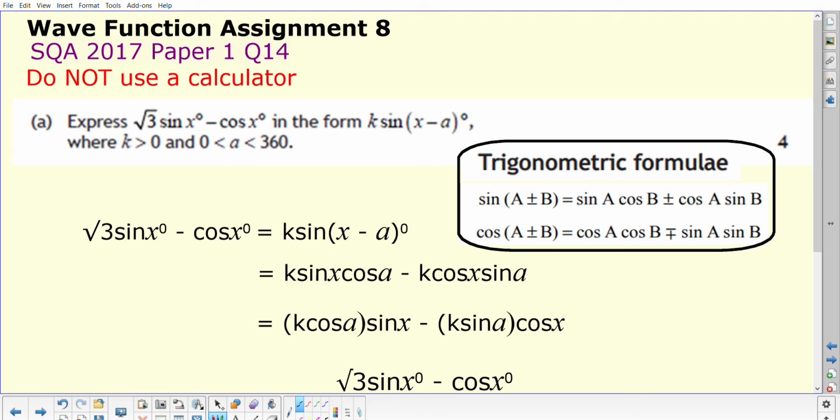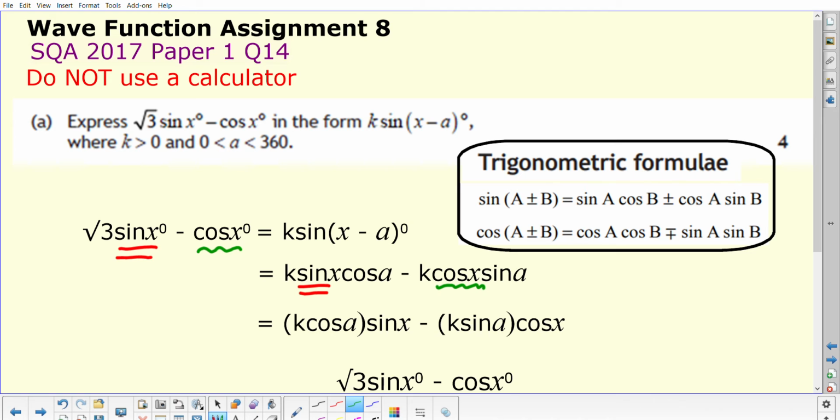Now remember, this is always about trying to match left hand side and right hand side, so we can clearly see here's our sine x term here, here's your sine x term here. What's round about your sine x is k cos a, so that's going in brackets as your multiplier of sine x, and then there's your cos x term, it comes next, and what's round about the cos x is k sine a, so we're going to put that in brackets, and then your cos x.